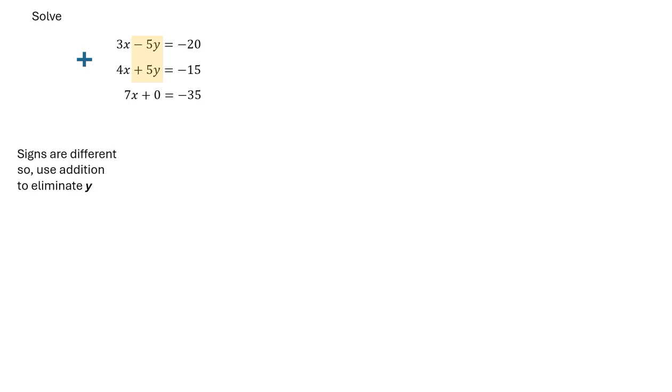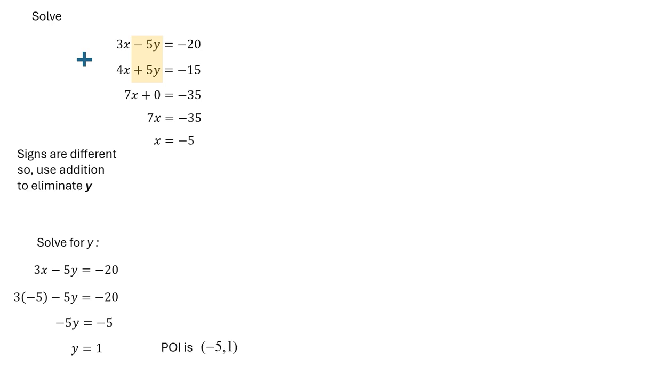Adding them together, 7x plus 0 equals negative 35, eventually giving us a value of negative 5 for x. Plugging that negative 5 back into one of the equations, solving for y, giving us a value of 1. So our point of intersection will be negative 5, 1.